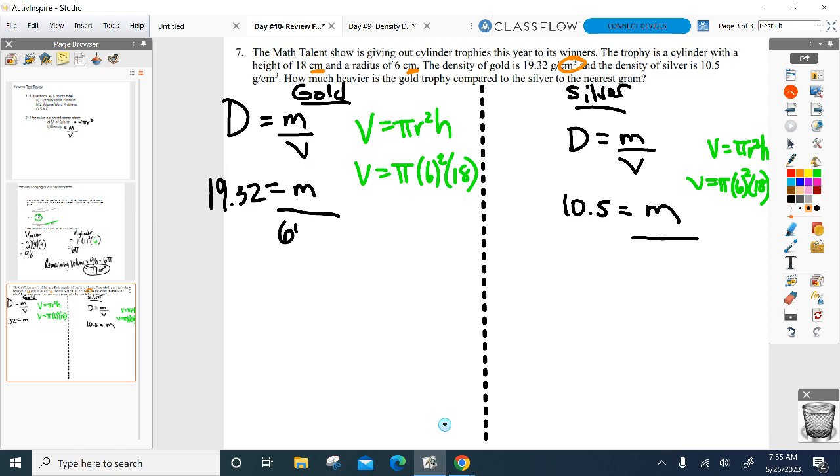I'm just going to leave it in terms of pi, but if you guys have decimals, don't round them, right? 648 pi if I leave it in terms of pi.